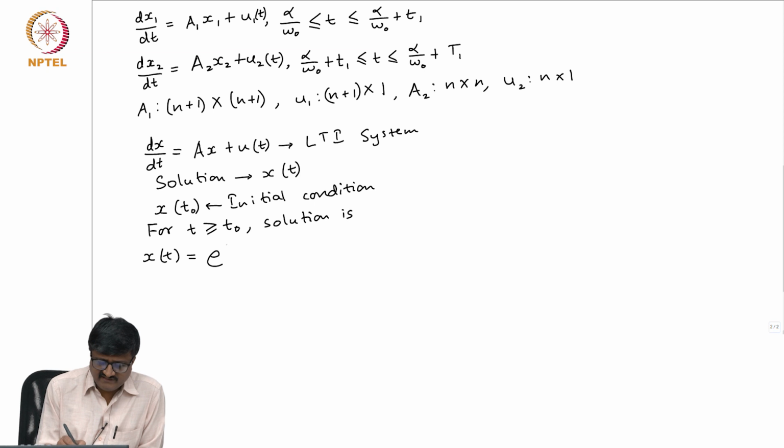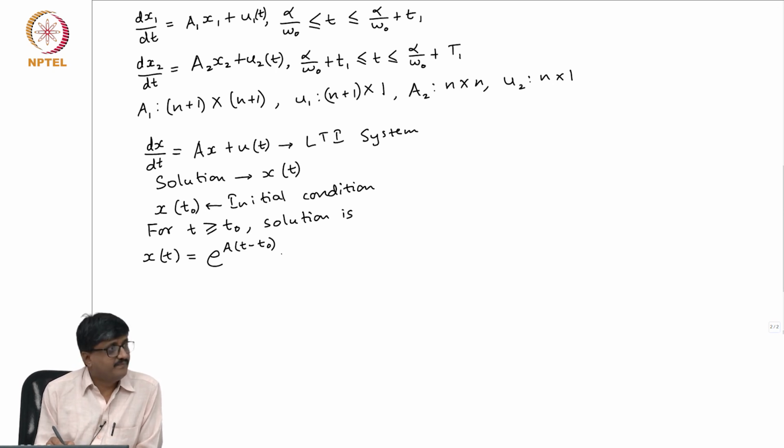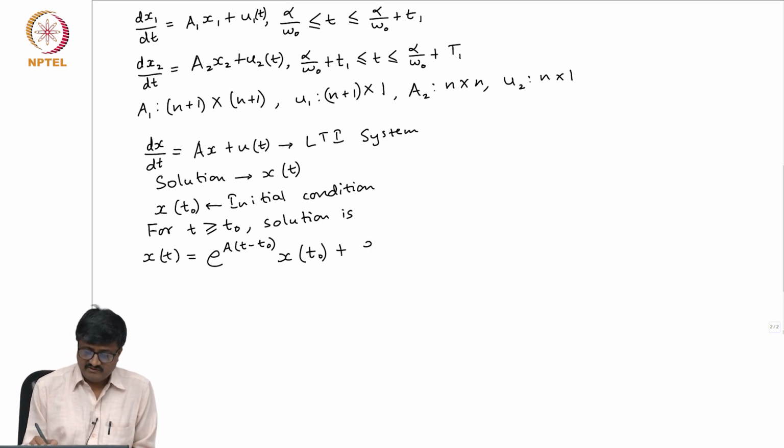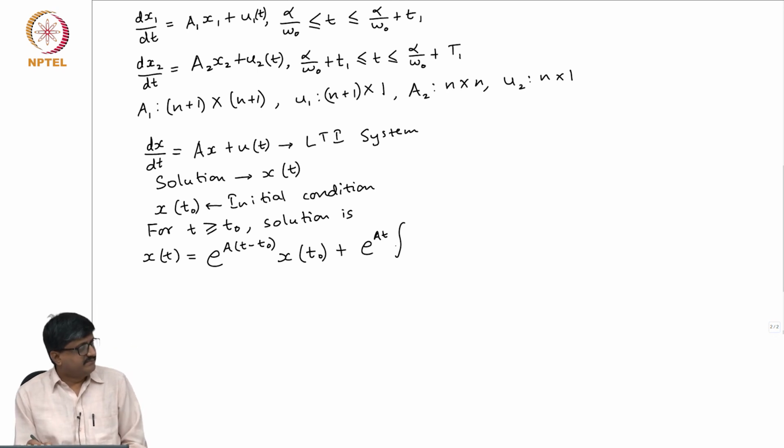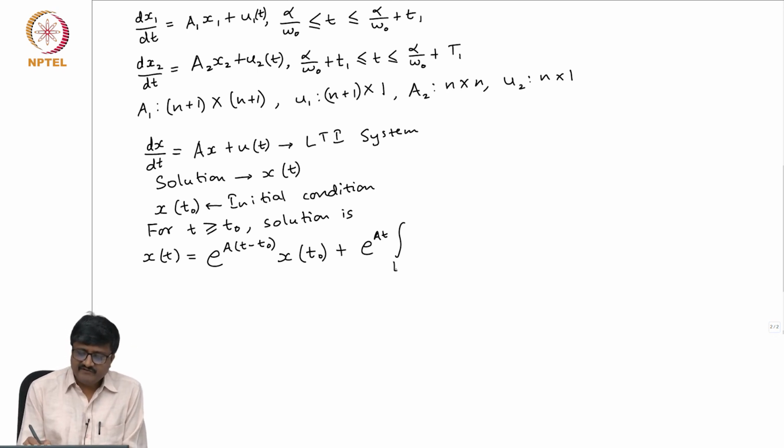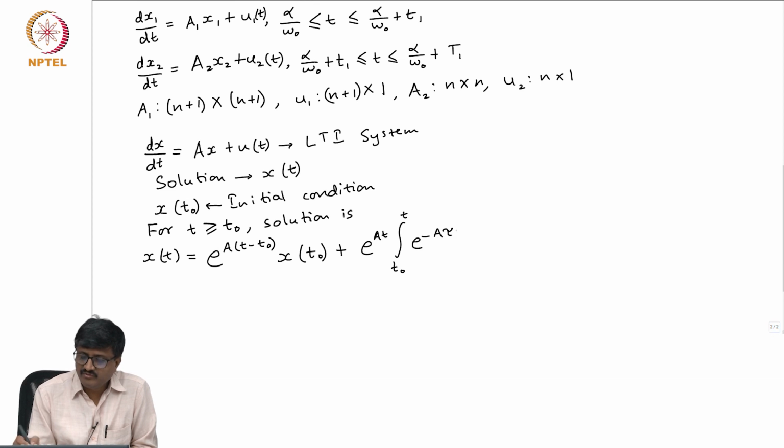I can write this as exponential of A into t minus t naught into x of t naught, plus exponential A t, integral, now we integrate from t naught, upper limit is t, exponential minus A tau u of tau d tau.